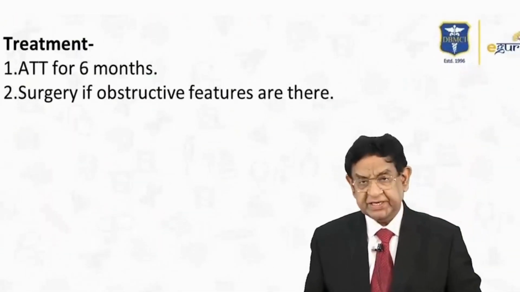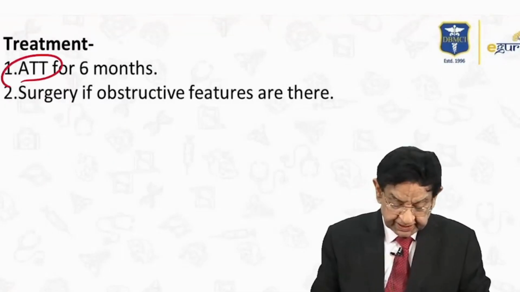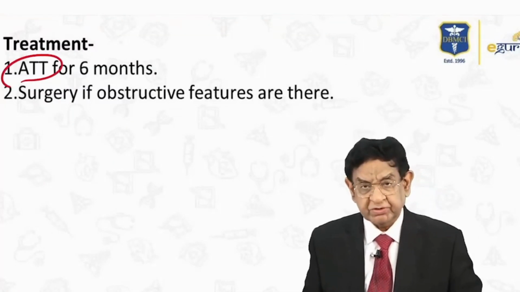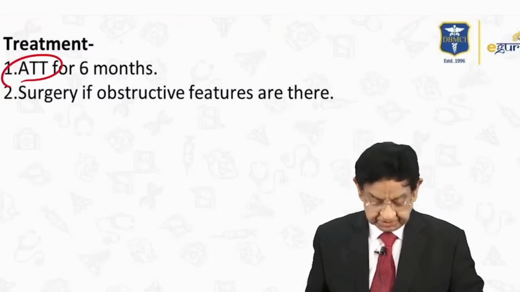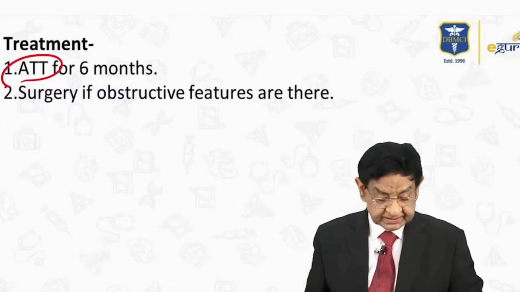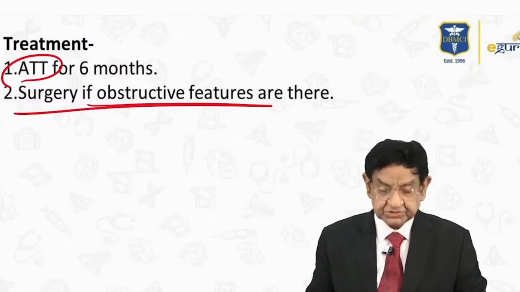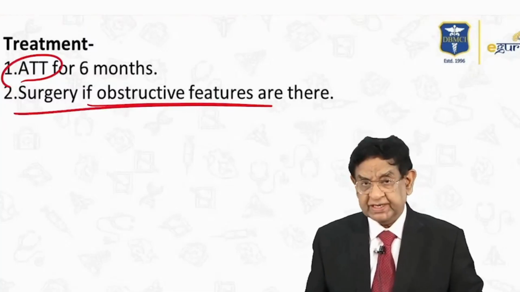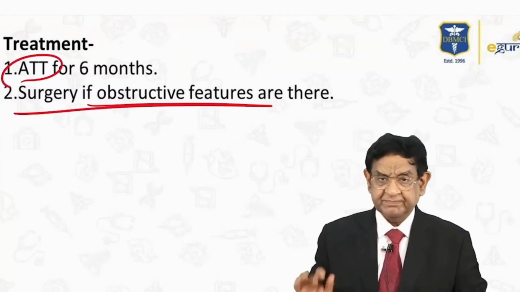Treatment is anti-tubercular treatment, ATT, for 6 to 9 months. And if obstruction is there, in such cases you can go for surgery, but not in routine cases, only when obstructive pathology is there.